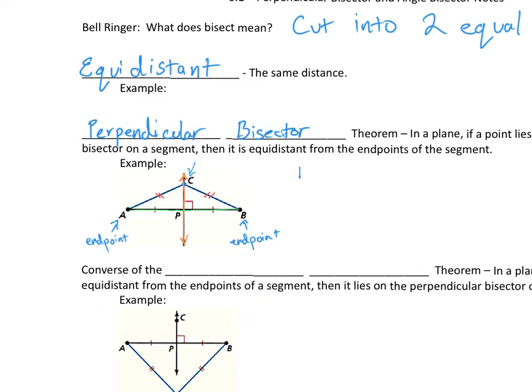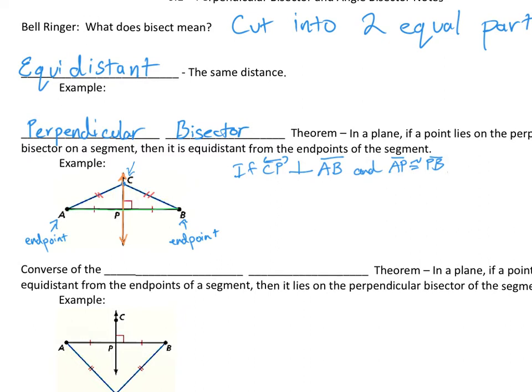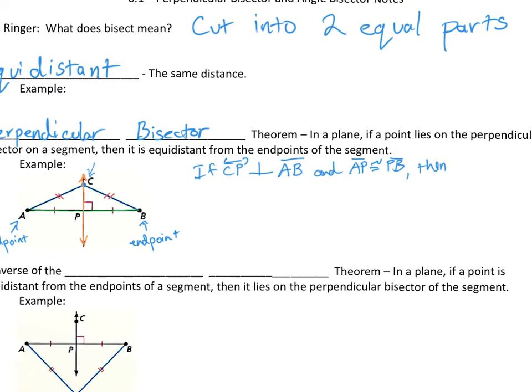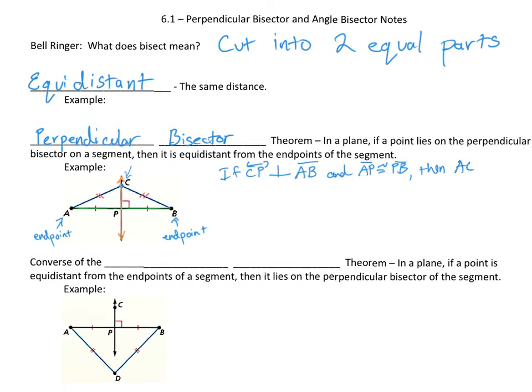So if line CP is perpendicular to line segment AB, and AP, one half of the segment, is congruent to the other half, PB, then we can say for sure AC has to be congruent to CB.